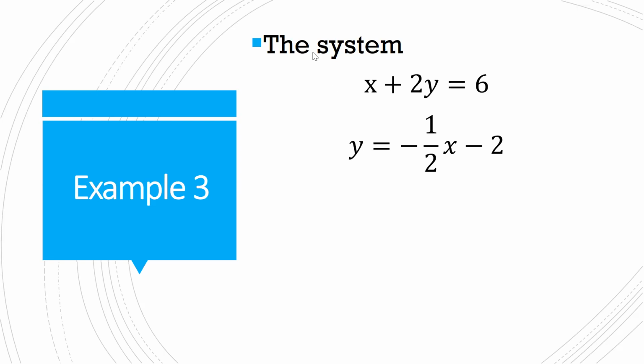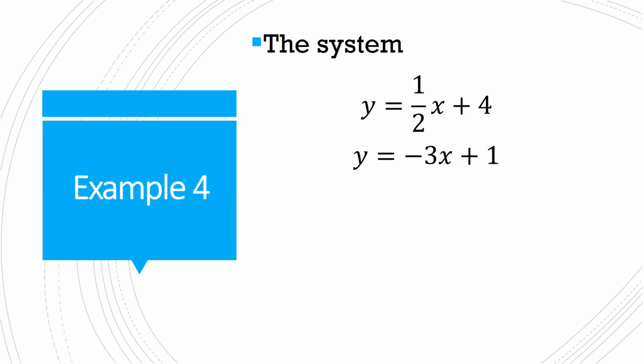So we saw that this system had no solution because we ended up with parallel lines. Let's check out one more system. y equals 1/2 x plus 4 and y equals negative 3x plus 1.